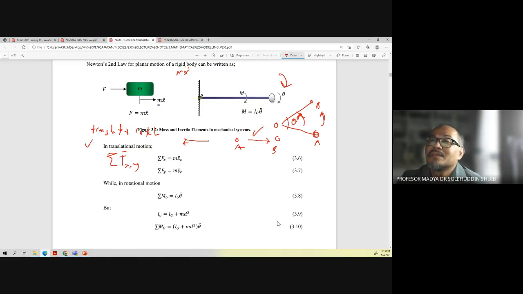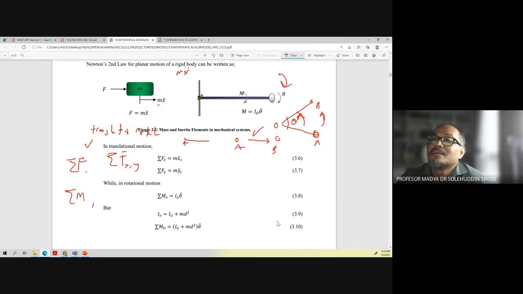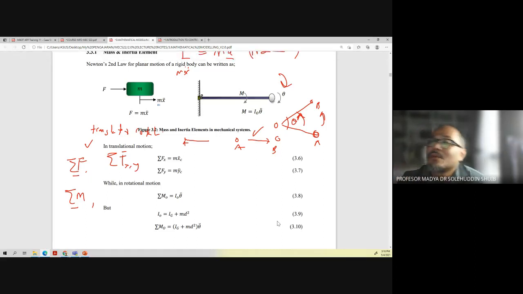This is for translation. How about rotation? For rotation, we talk about the summation of moment, which is the rotational motion. So the summation of moment equals I theta double dot.